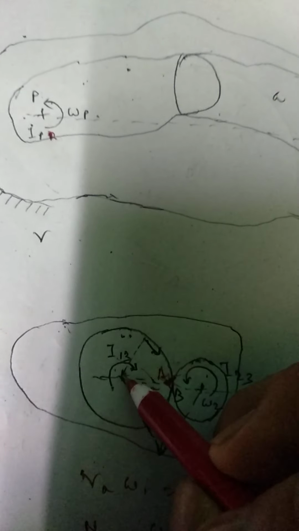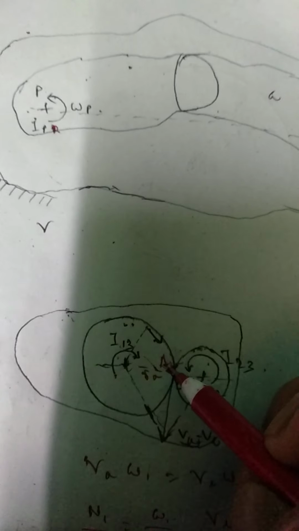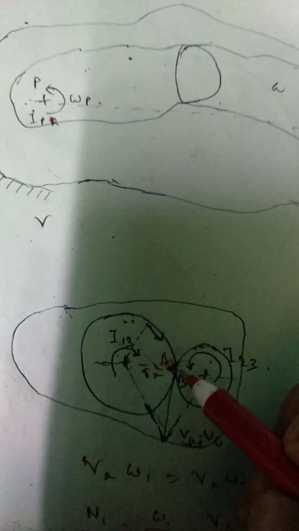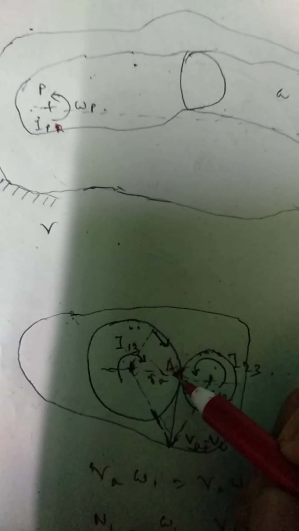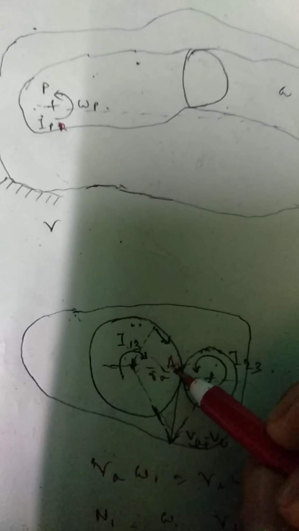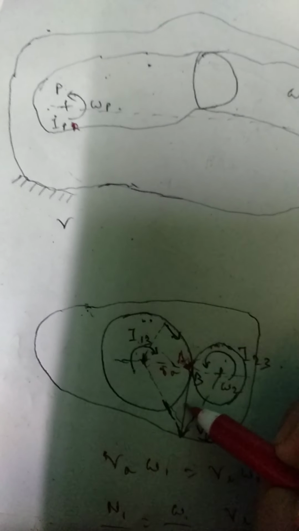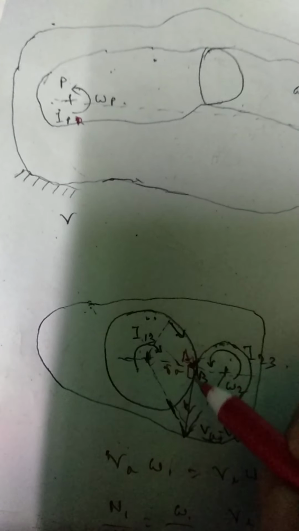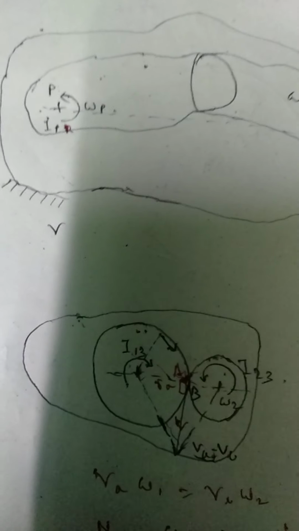So VA is equal to RA into omega 1, and the direction of this velocity will be perpendicular, at 90 degrees. So the magnitude will be RA into omega 1.